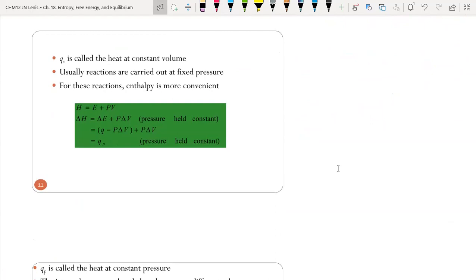On the other side, if we measure the heat at constant pressure, then we have Q sub P, which is heat measured at constant pressure.